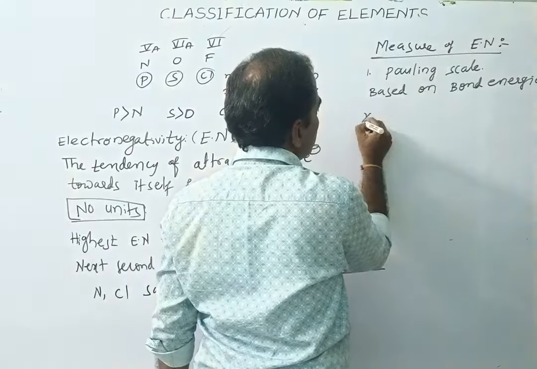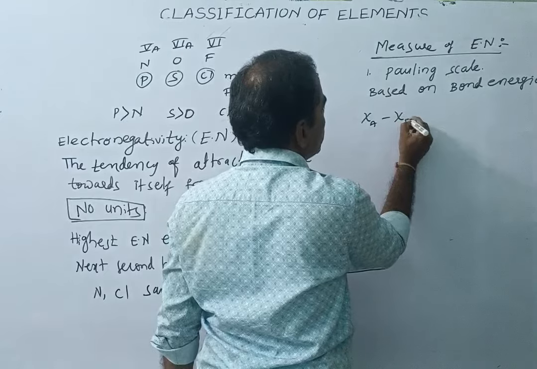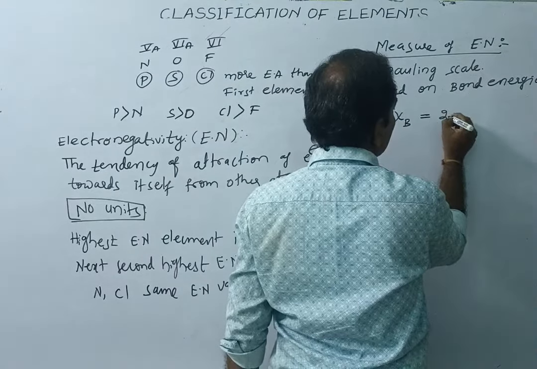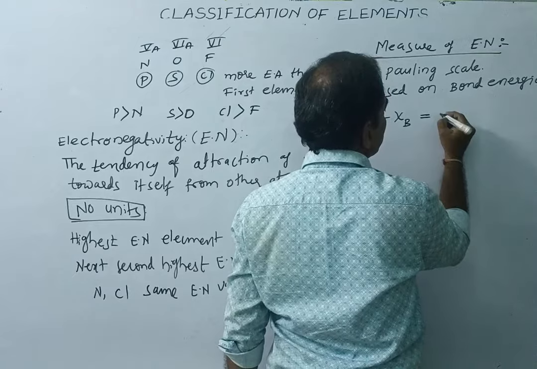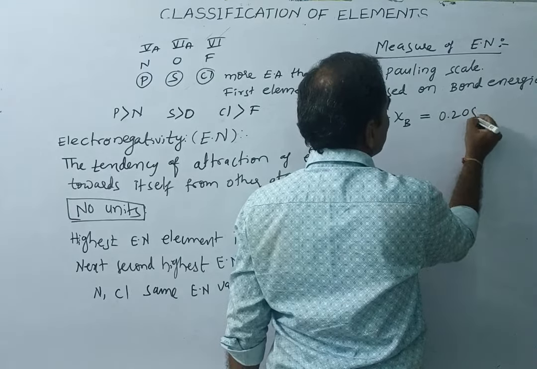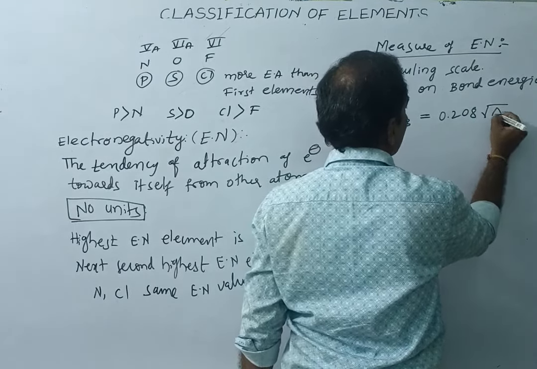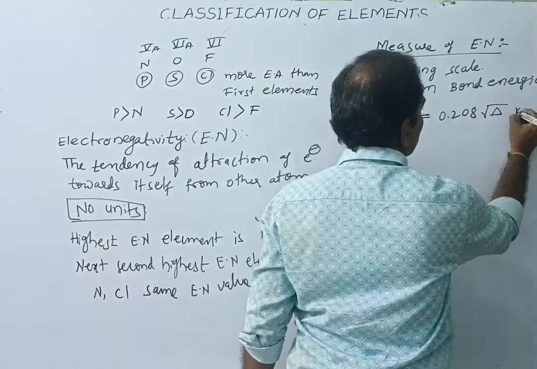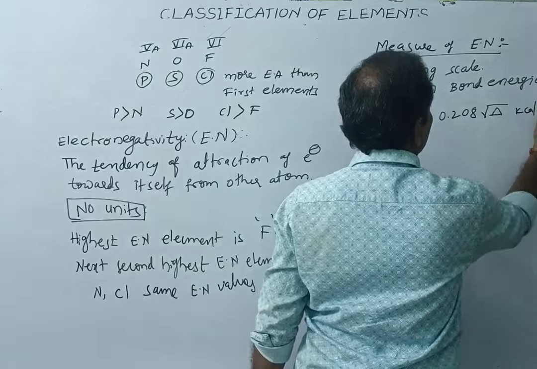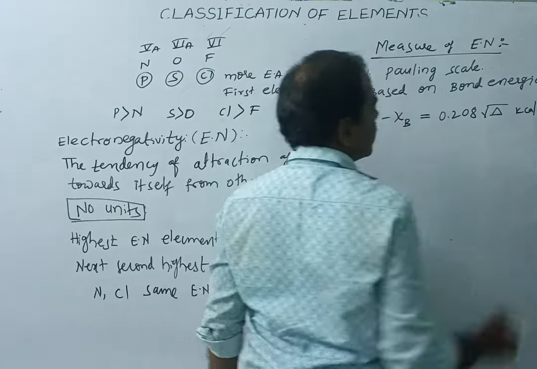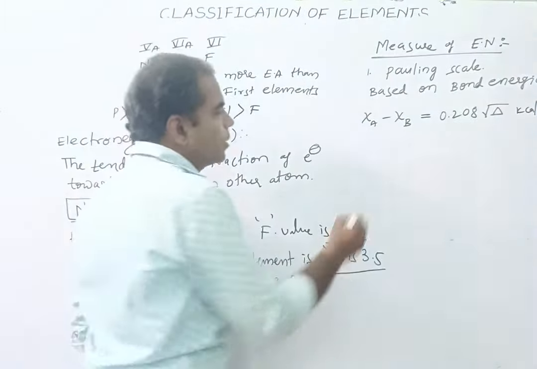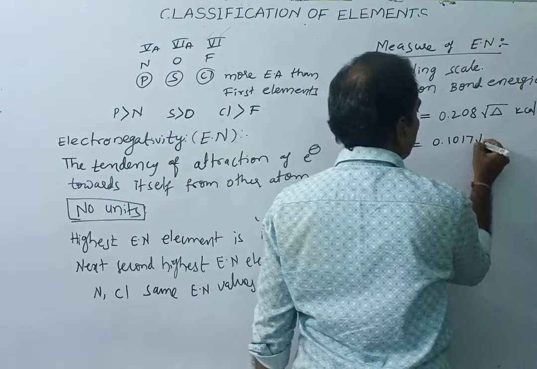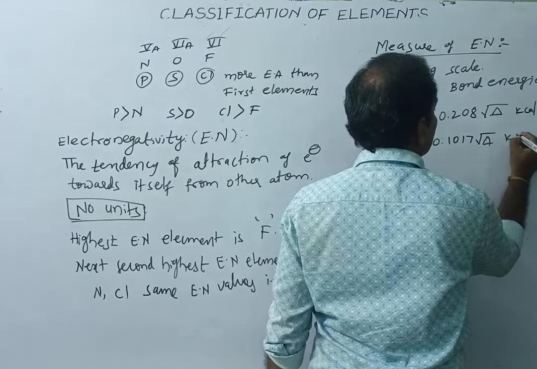According to the Pauling scale, Xa minus Xb equals 0.208 root of delta, where delta is the bond polarity, with energy in kilocalorie per mole. Whereas it is 0.1017 root of delta with kilojoule per mole.